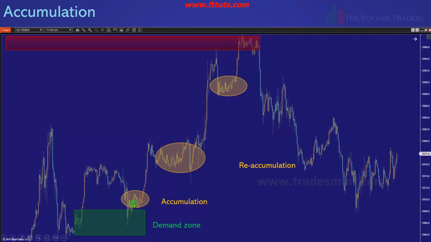And then comes reaccumulation, and it is nothing else than testing where the next potential supply is. It looks the same as accumulation. This is still a range with a lot of indecision candles.